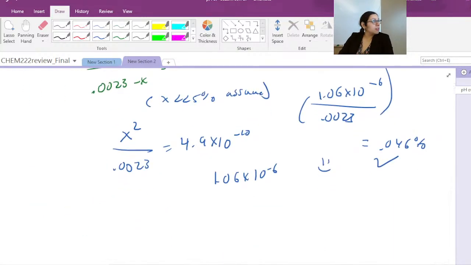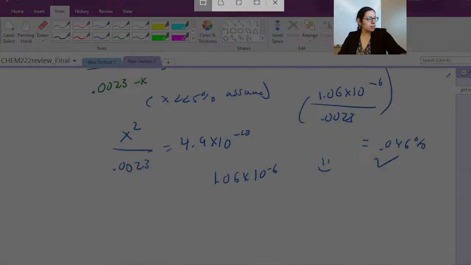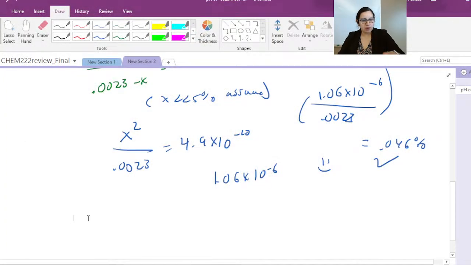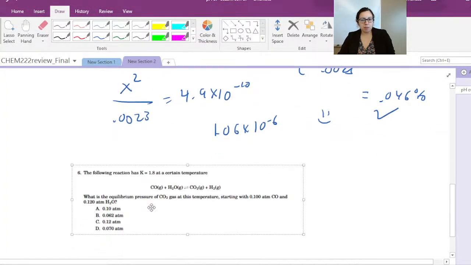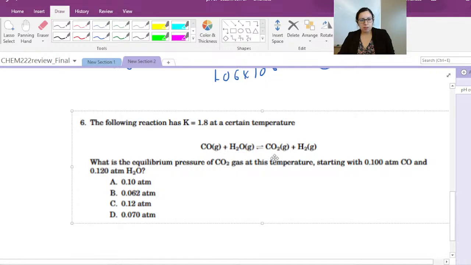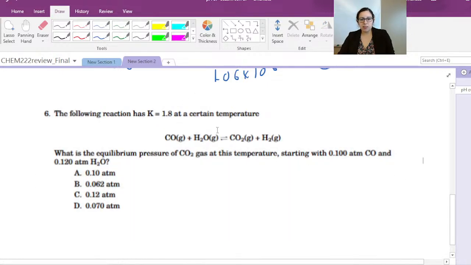And then just as a recap, looking at your quiz, the quiz that you just got handed back. If you didn't do question 6 correctly, that was another rice table.